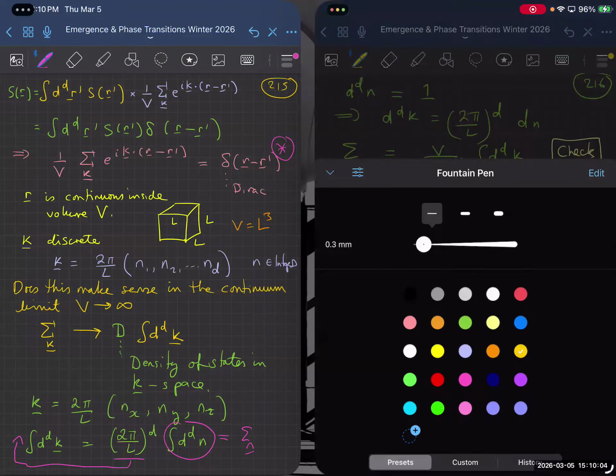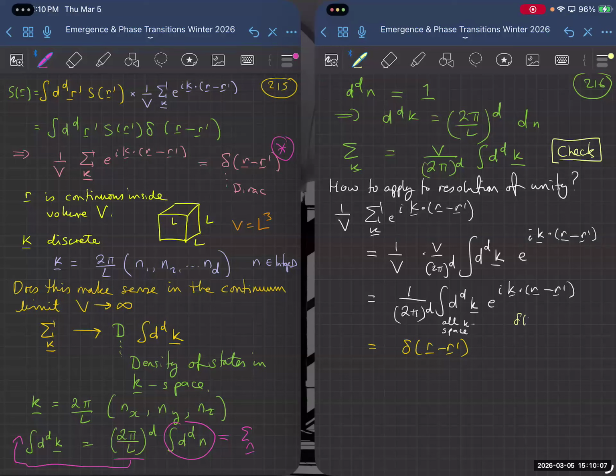Because remember, delta of x is equal to 1 over 2 pi integral dk e to the i kx, going from minus infinity to plus infinity, in one dimension, which is how you learnt it originally. So, okay, this statement over here, this resolution of unity, was indeed correct on the left-hand side.